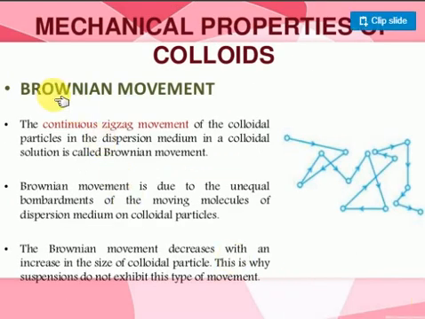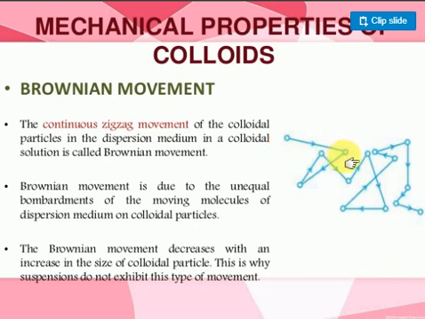Next is Brownian movement. What does Brownian movement mean? The scientist Robert Brown observed that colloidal particles are continuously moving. That is called Brownian movement. Why does it happen? Imagine a particle with surrounding positive particles; they repel, so the particle moves from here to here.